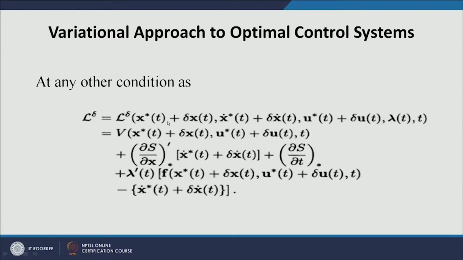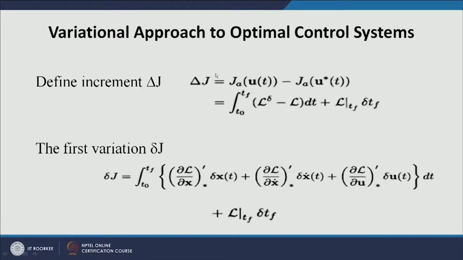We define the Lagrangian at the varied point and find the increment delta J as J of u(t) minus J of u star(t). From this increment we find the first variation delta J, which is given by this expression plus L(tf) delta tf.